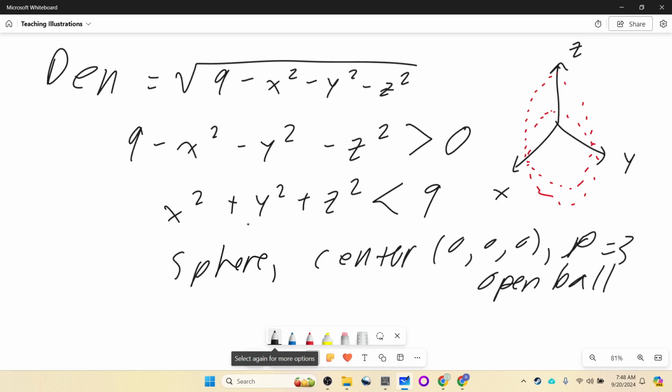For instance, if we plug in 0, 0, 0, we get a true statement. 0 is less than 9 is true. So we will shade the inside here carefully. Or if you don't think you can express that clearly in a visual, you can just say inside of this sphere. I would accept that in words as an answer.